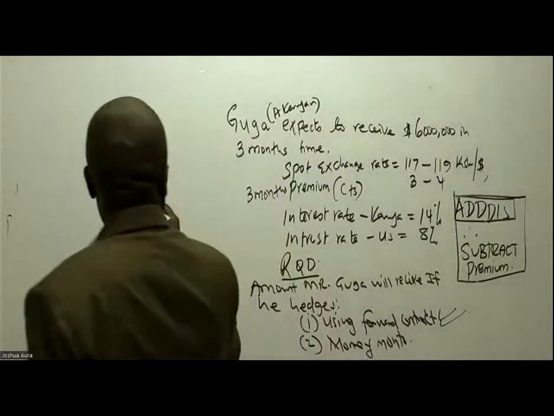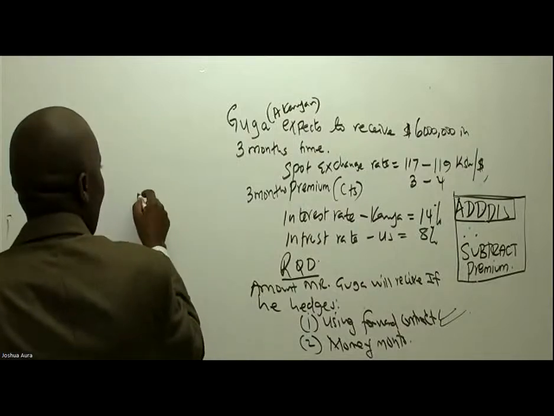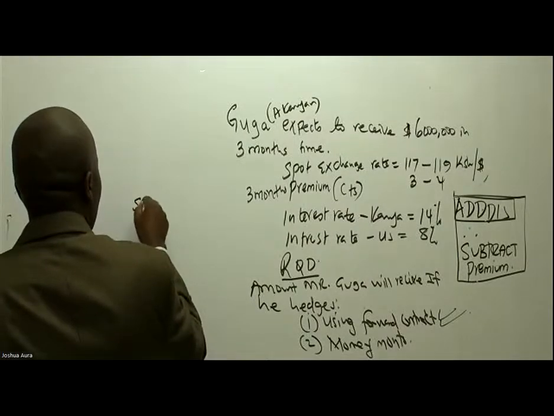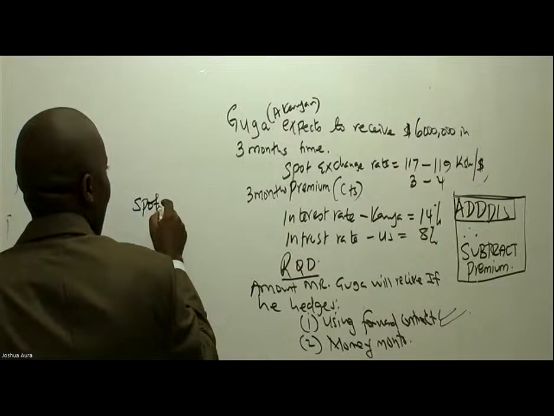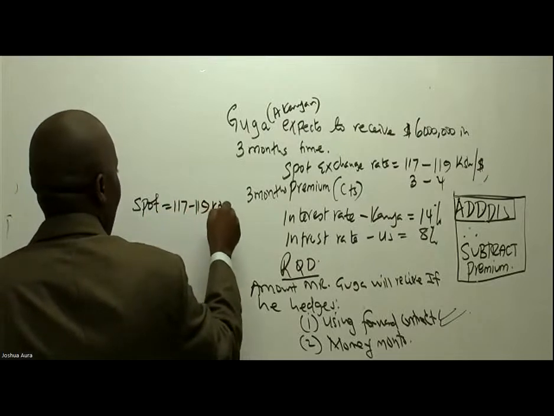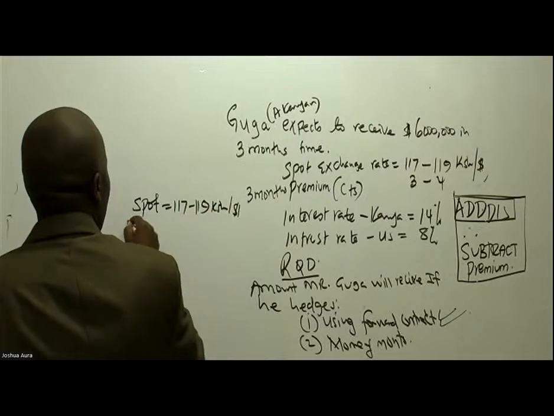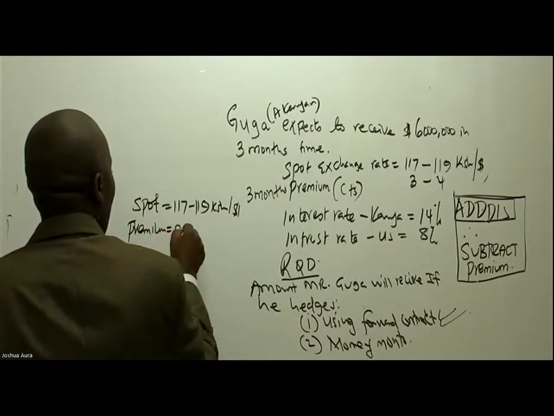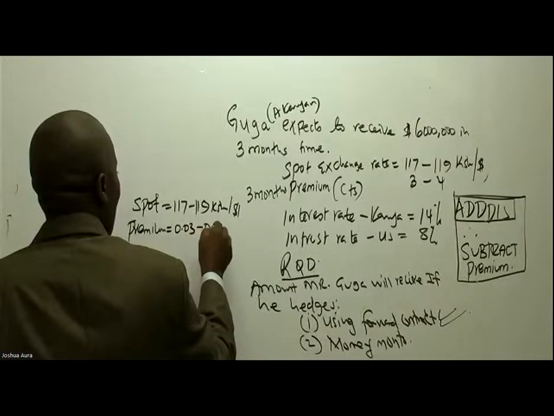So then we have our spot, which is 117 to 119 Kenya shillings per dollar. And then we have our premium, which is 0.03 to 0.04.